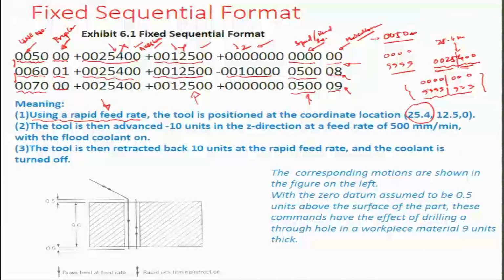The tool is positioned at the coordinate location 25.4 mm, 12.5 mm and 0 mm respectively. So this particular point, with respect to the origin, corresponds to an x coordinate value of 25.4 mm, a y coordinate value of 12.5 mm and a z of 0 mm, which is where the tool has to be positioned.